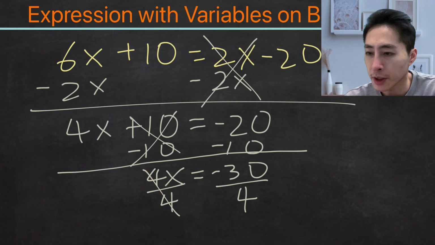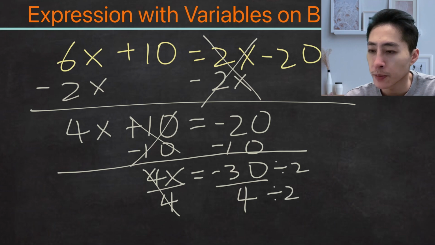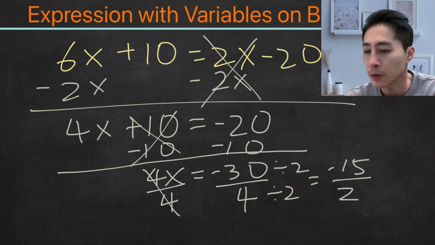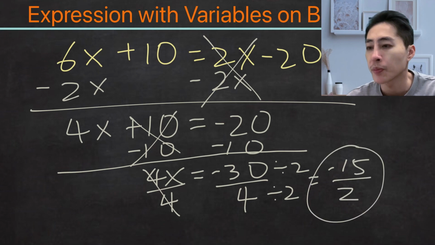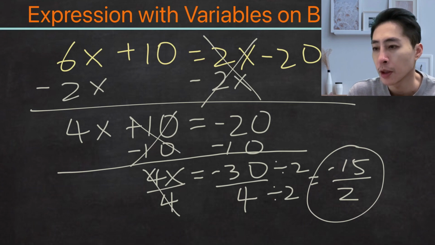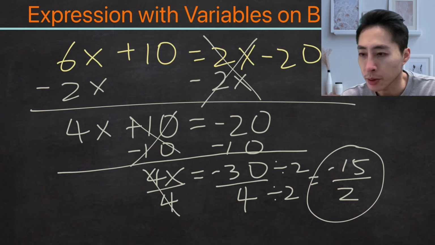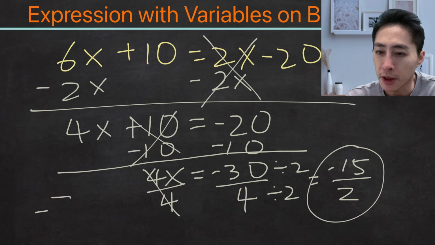I see we can simplify negative 30 by dividing by 2 and also the 4 by 2. So that would become negative 15 over 2. So that's the answer. It's an improper fraction, and that could also be converted to negative 7 and 1/2.